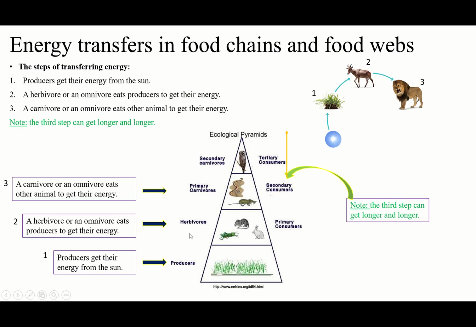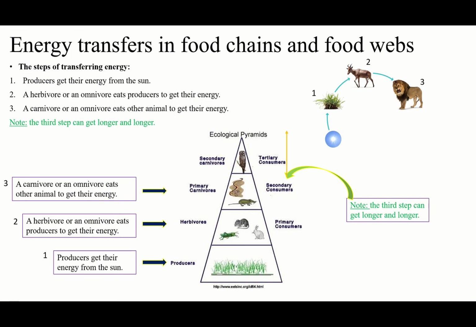If you think about this, we said the first is producer, then we have consumer, right? And the consumers can get longer and longer. First consumer, second consumer, third consumer, fourth consumer, continuously, okay? It means we have consumers after producer, right? The first consumer must be a herbivore or an omnivore. Why?